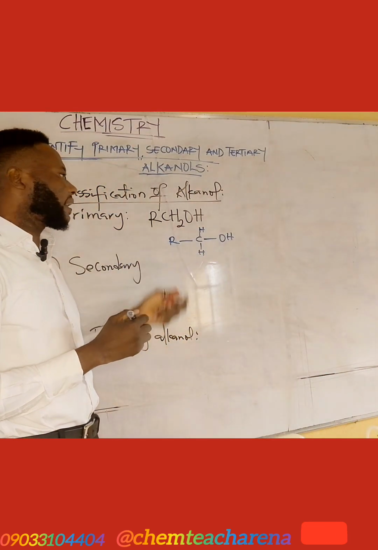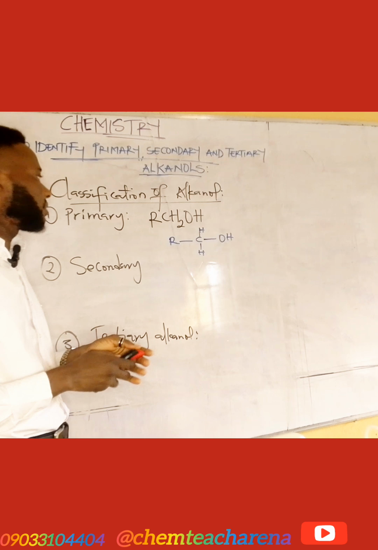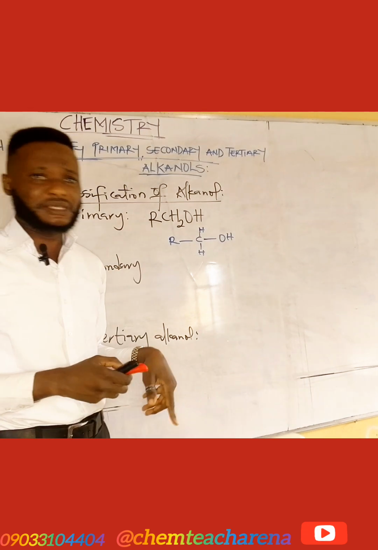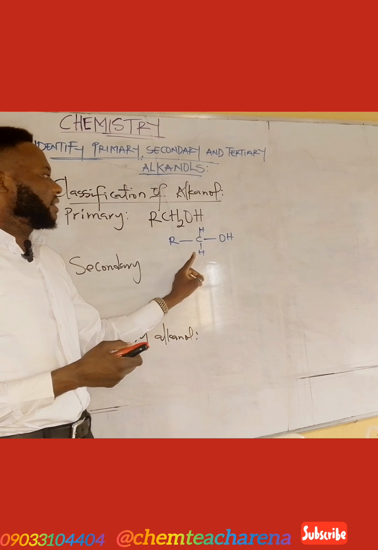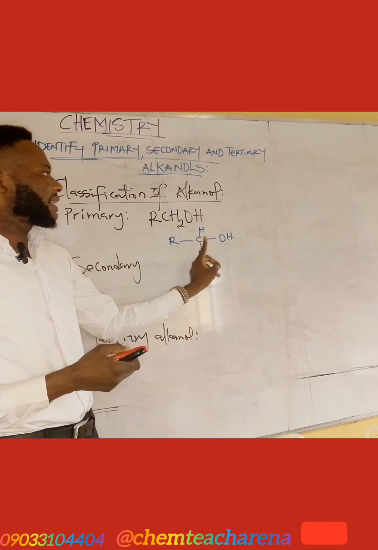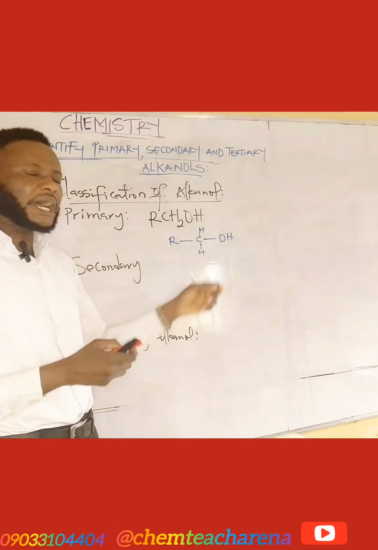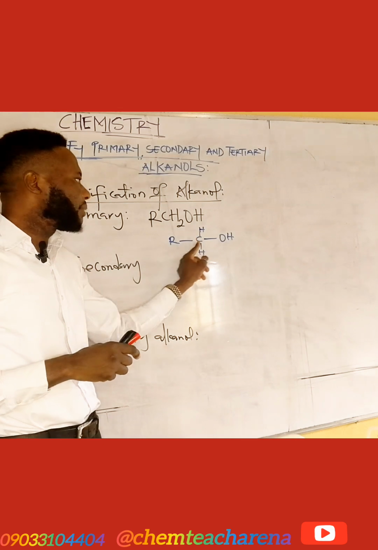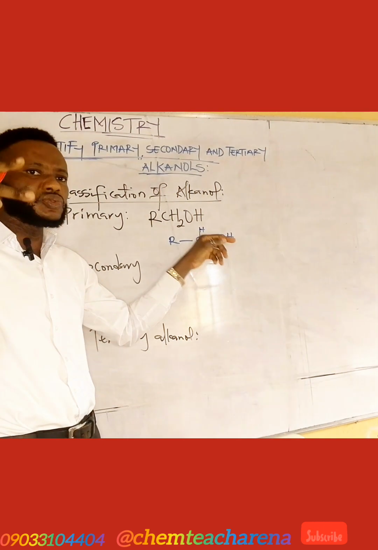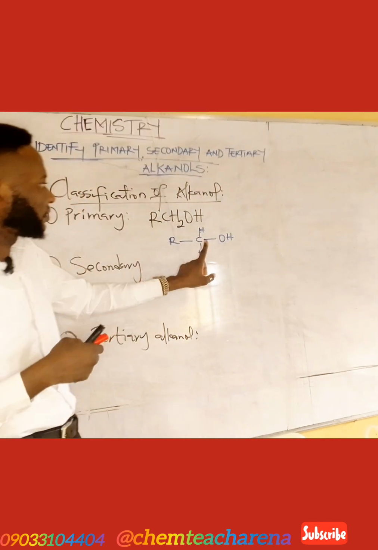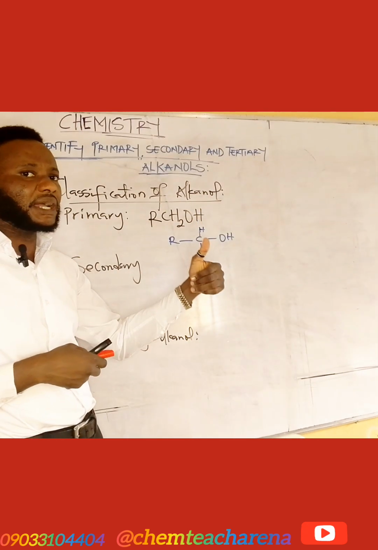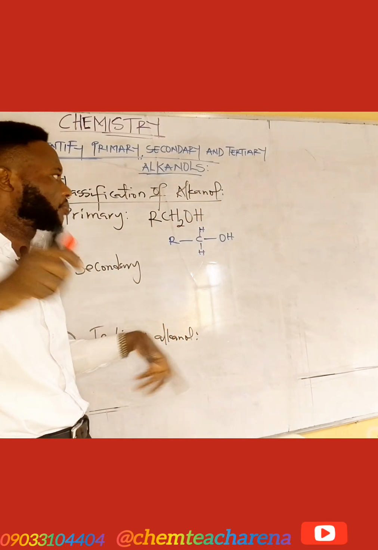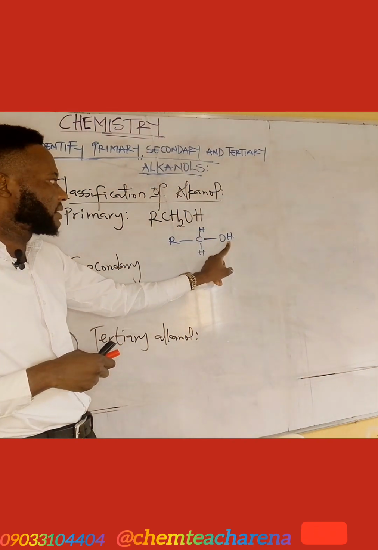Okay, now this primary alkanol. How do you know this alkanol is a primary alkanol? Let me just give you the definition. I will use what I've done to define it. Primary alkanols are alkanols in which the carbon bearing the hydroxyl has two hydrogens attached to it. We said the functional group of alkanols is the OH, the hydroxyl group, so this is the carbon bearing this hydroxyl.